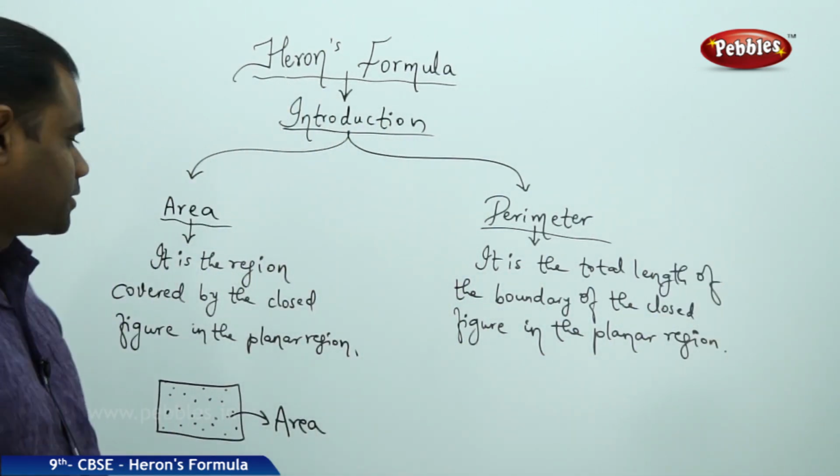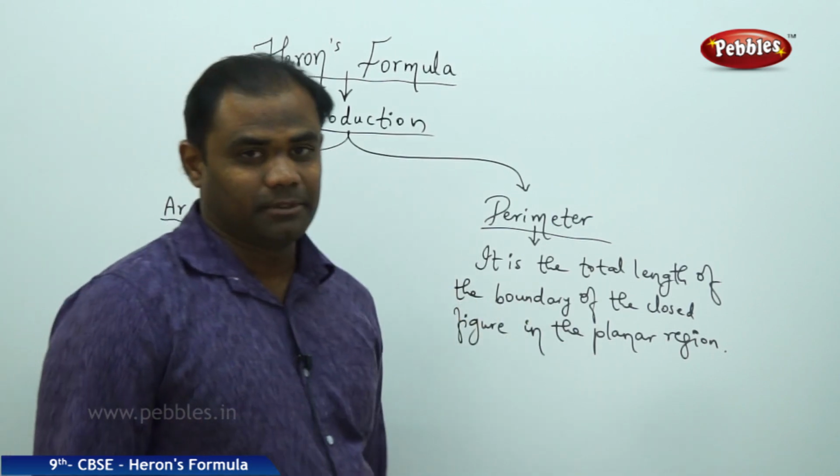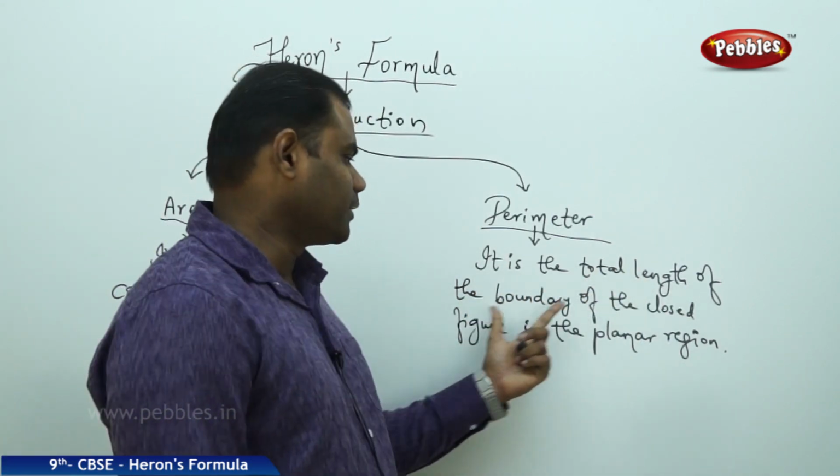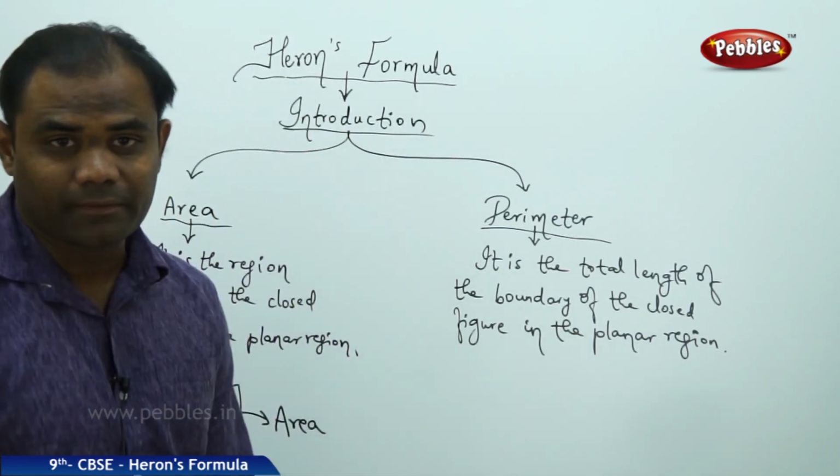This is how we differentiate between area and perimeter. Perimeter is the total length of the boundary of the closed figure in the planar region.